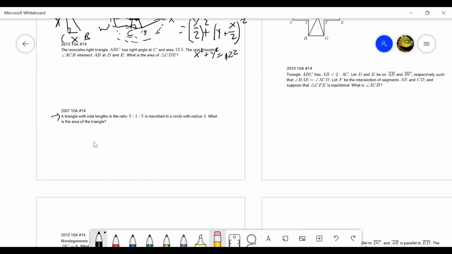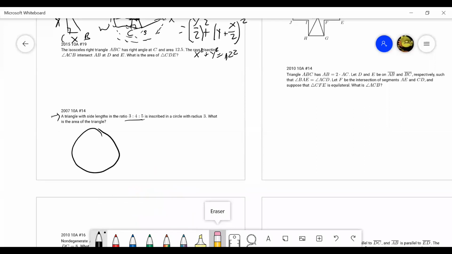This one is really just testing your knowledge of circles and triangles. The main point is that 3, 4, 5 is a right triangle. Since the ratio is 3 to 4 to 5, it's going to be a right triangle no matter what the side length is, because of similar triangles.